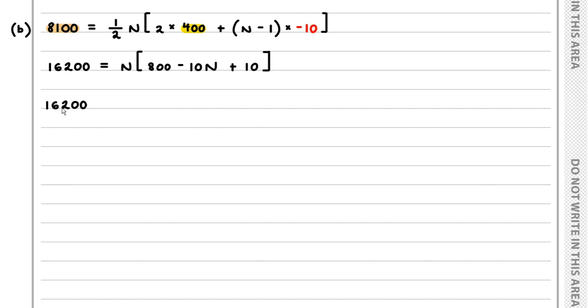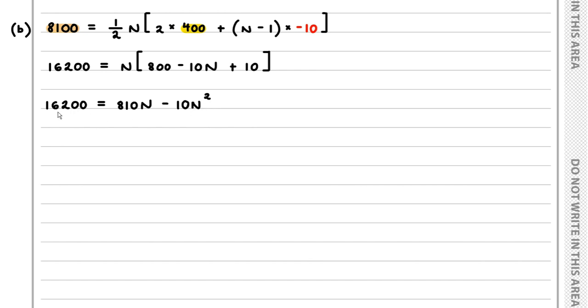So we have 16,200 equals n multiplied by 810, so 810n, and then n multiplied by negative 10n, that's negative 10n squared.